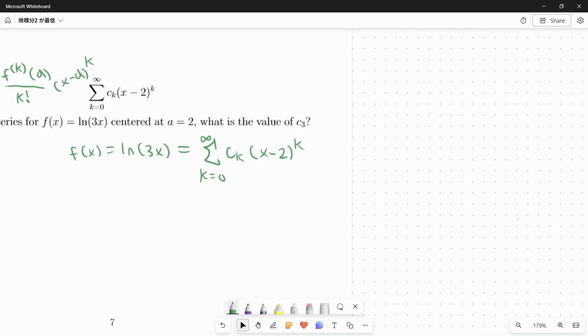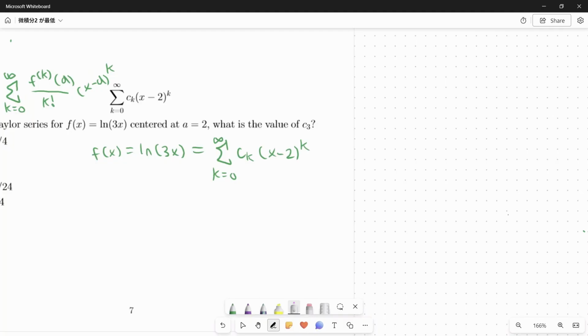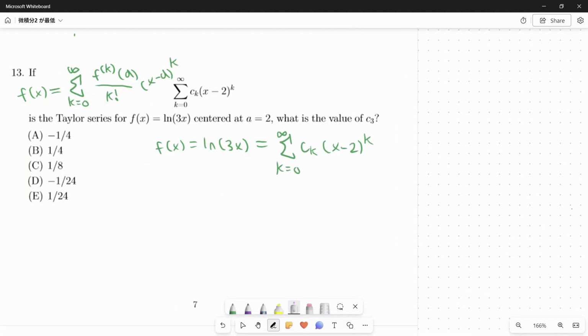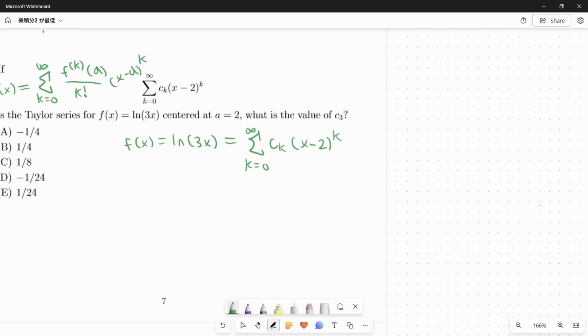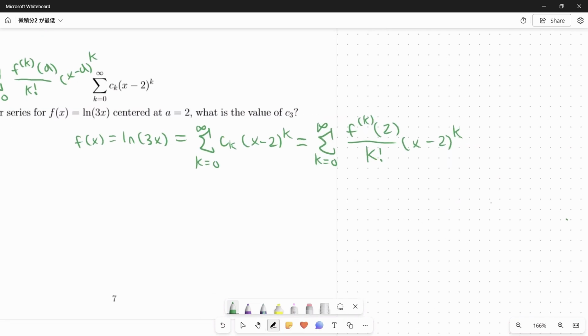And so what we're going to have to do from here is relate the given series here to the general formula of the Taylor series. In this case, we know that a is equal to 2. Plugging that into the general formula of the Taylor series, this is going to be equal to the kth derivative of f evaluated at 2 over k factorial times x minus 2 to the k power.